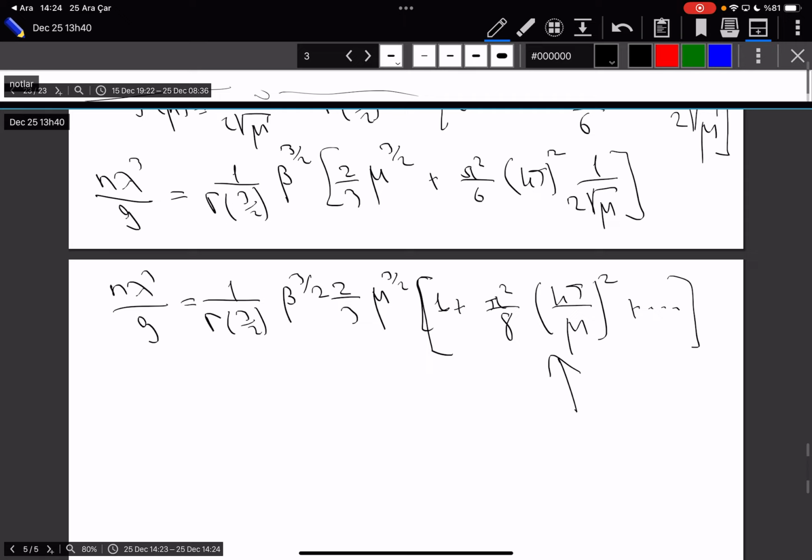So in fact, n lambda cubed over g is equal to 1 over gamma 3 over 2 beta to the power 3 over 2. Well, let me leave it over here.